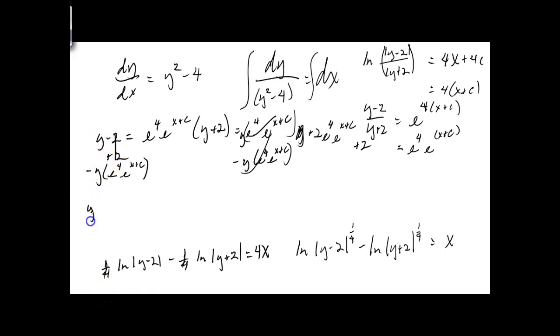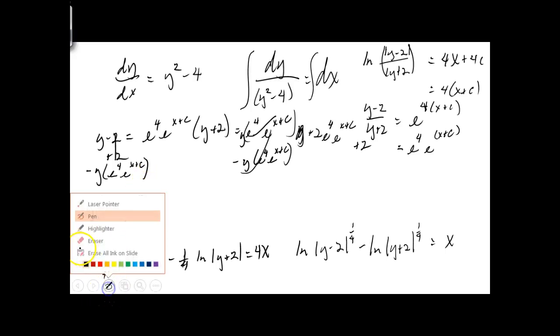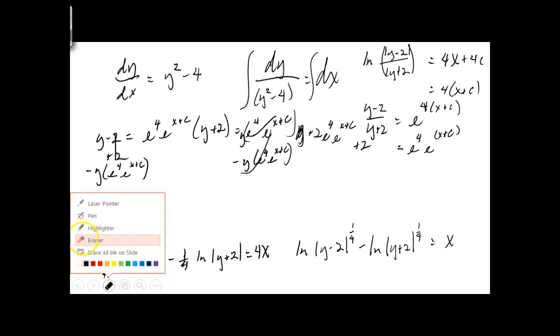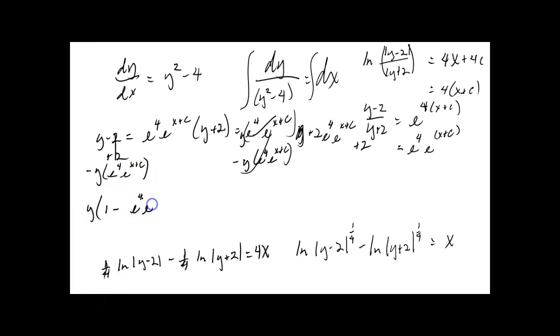Let's factor out a y. Y times 1 minus e to the 4th e to the x plus c is equal to, and what we had left over here was just 2 e to the 4th e to the x plus c.